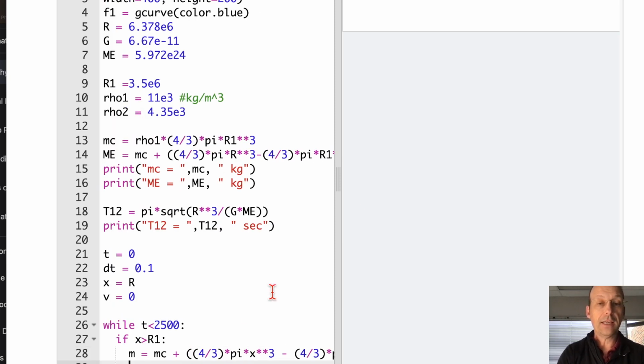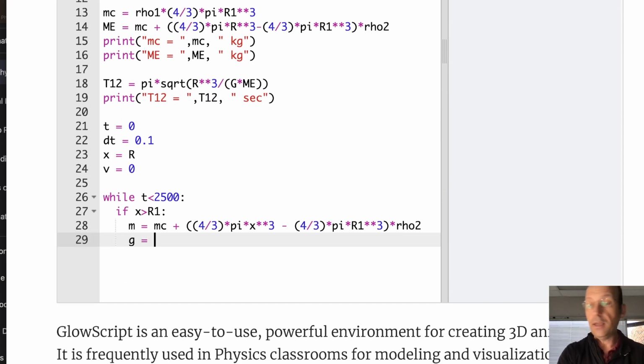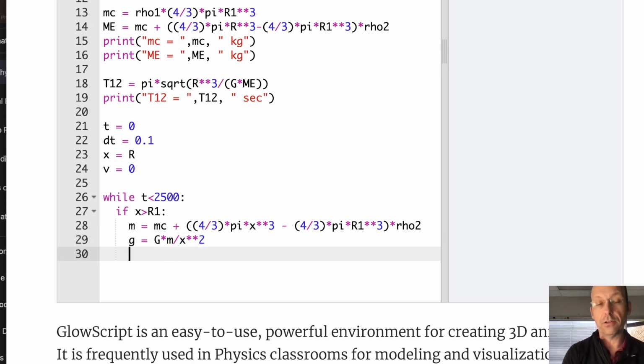Now I can use that to calculate my gravitational field. So g equals G times m over x squared. And that's my acceleration too. So A is actually going to be equal to negative g because it's in the negative x. That g is going to always be positive.